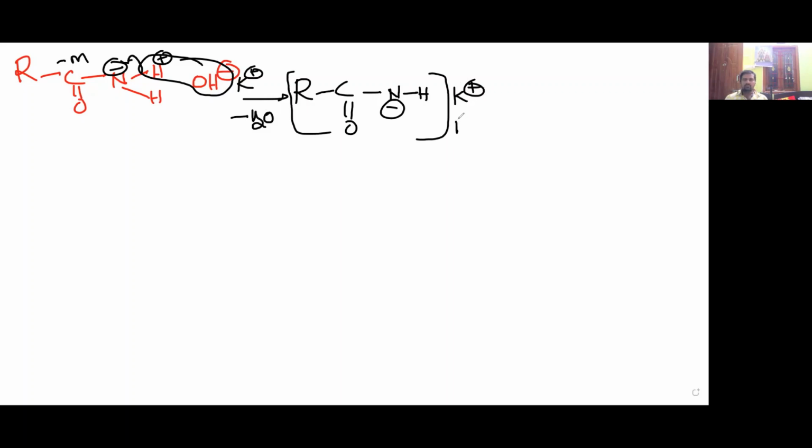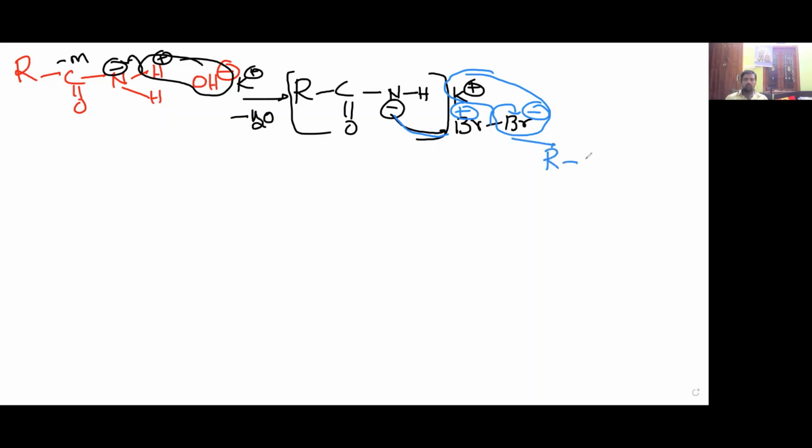After this, this is treated with Br2. So this is the Br2 attacking like this. Whenever that is attacking, Br leaving as Br minus and Br plus. So what part is eliminated? Simple salt eliminated. Then what is our product?